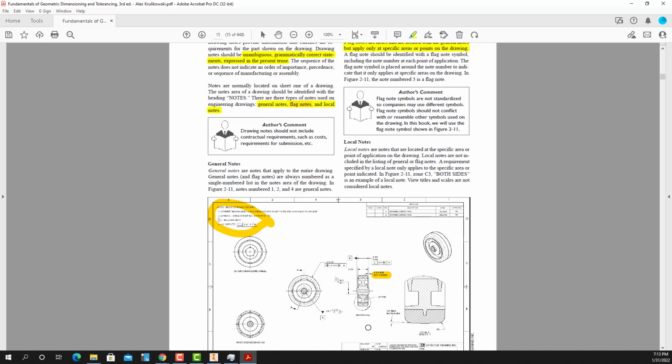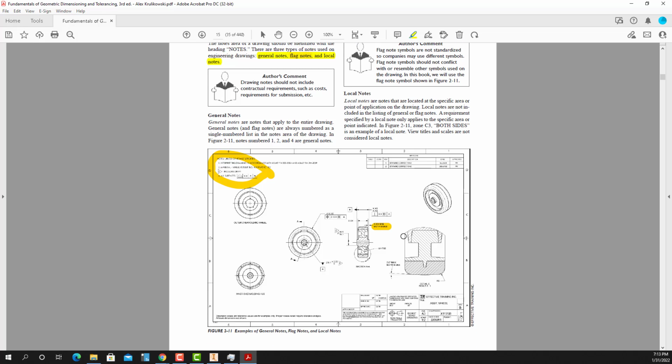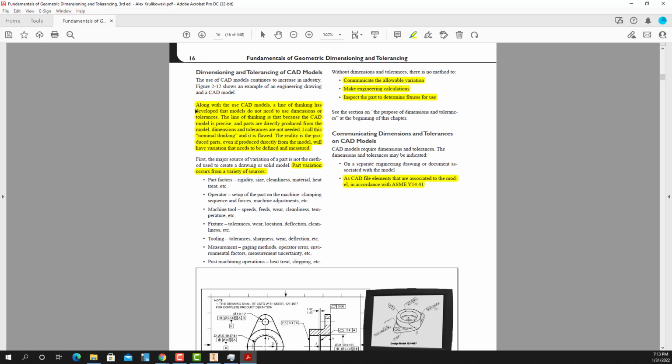Both sides, or we don't say typical anymore. You could say both planes or both surfaces, those kinds of things that are right by the drawing that have something to do with that. Those would be local notes that are local to the area in which you're talking about, and you don't have to have a flag for it. And we'll see some more examples in here.